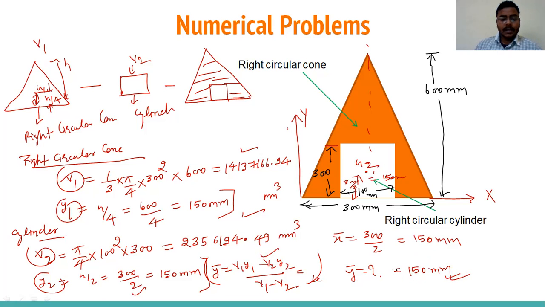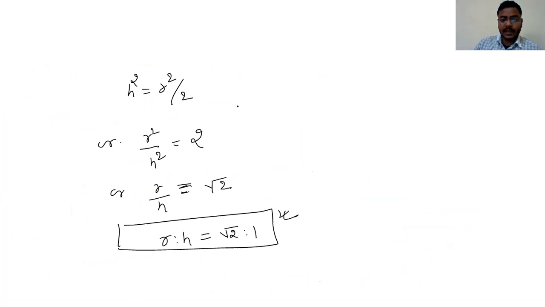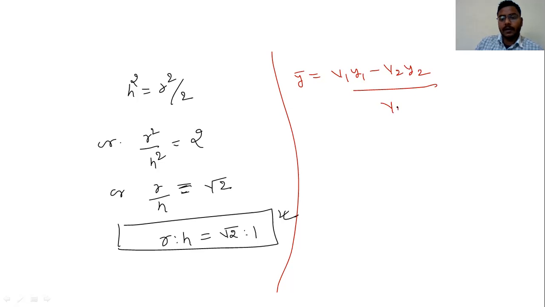You can see that y1 was 150 and y2 was 150, so y bar is also 150. I will explain why. We are writing the formula y bar equals V1 y1 minus V2 y2 divided by V1 minus V2. Suppose y1 is equal to y2 equal to y, for example.